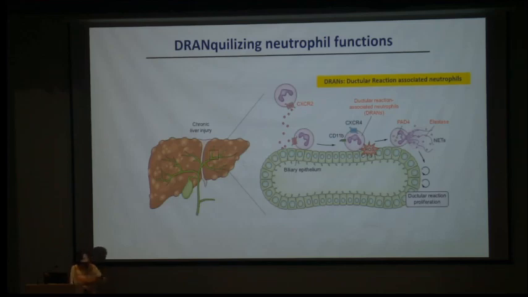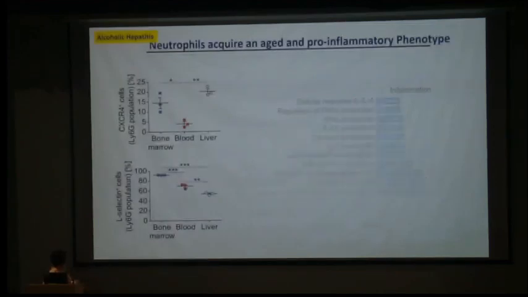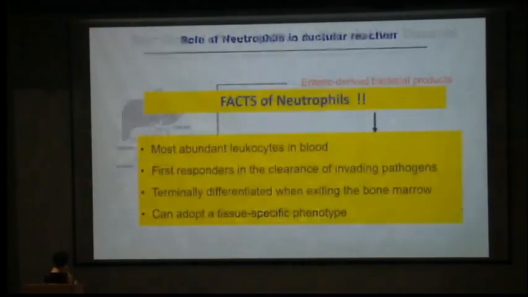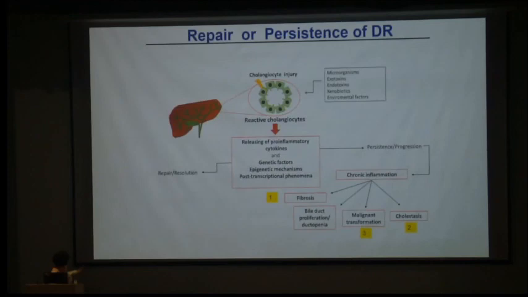I am coming just now to the LPS, at the beginning of the slide. It all depends upon whether it will be repair or resolution. It all depends upon the pro-inflammatory cytokines. If there is more IL-8 and more CX3CL1, more neutrophils will go there, and neutrophils will cause cholangiocyte activation again and again. That is what they are saying.